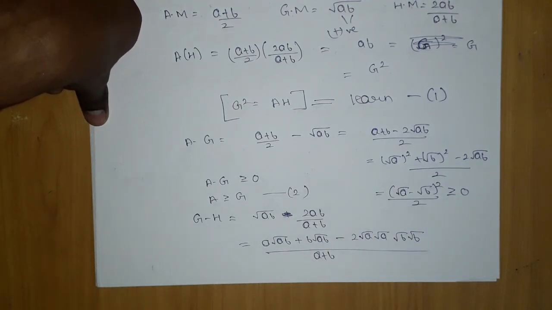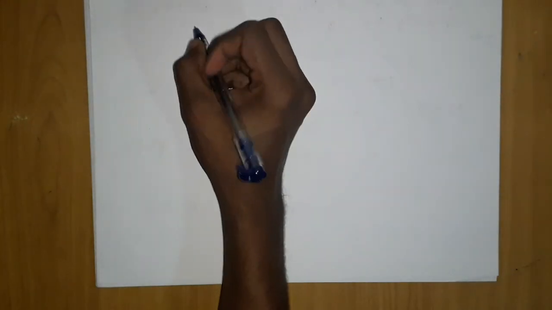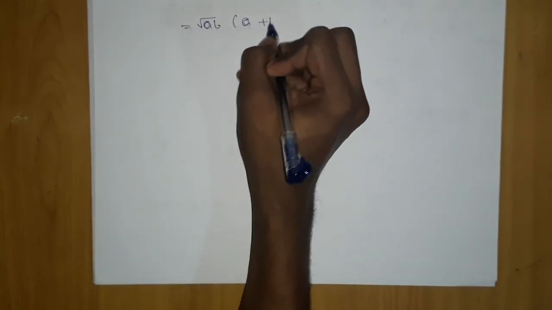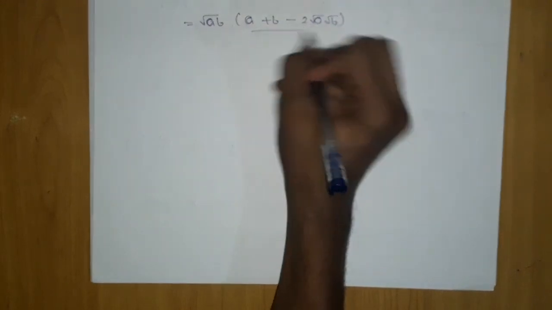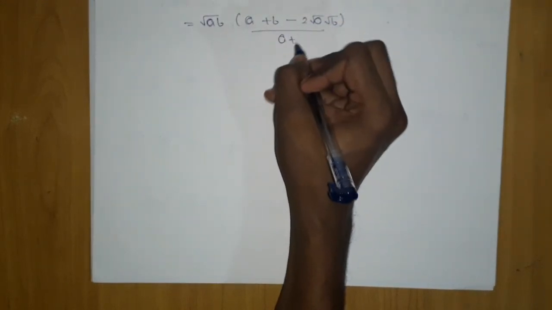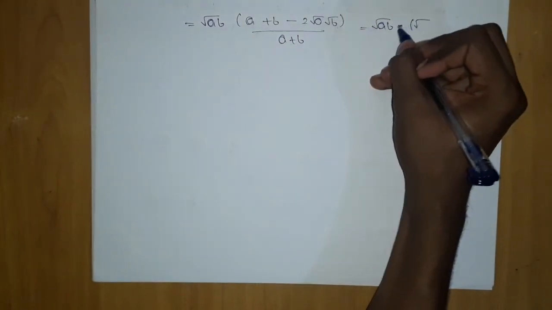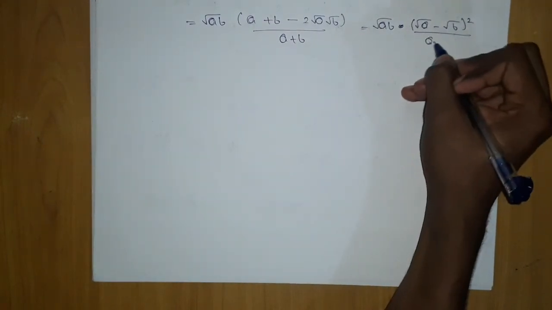Here if I take under root ab common from both, we are left with a plus b minus 2 under root a under root b. Doesn't it seem similar to the previous one? Yes. If you are getting that it will become under root ab into under root a minus under root b the whole square upon a plus b, then you are right.